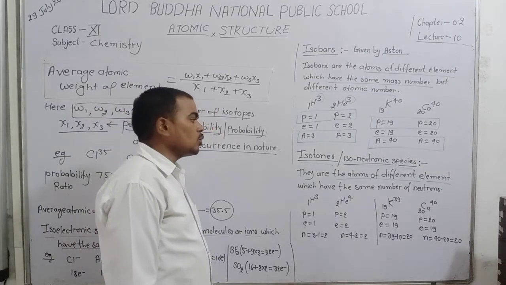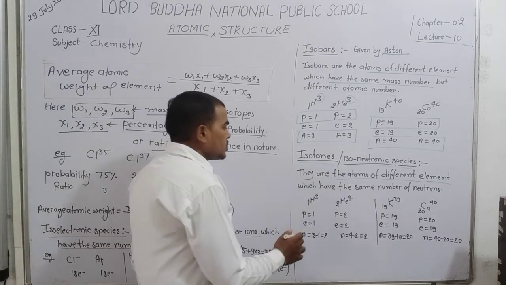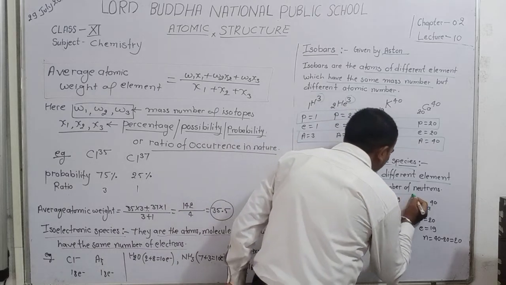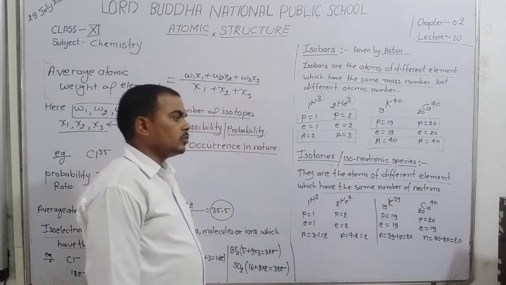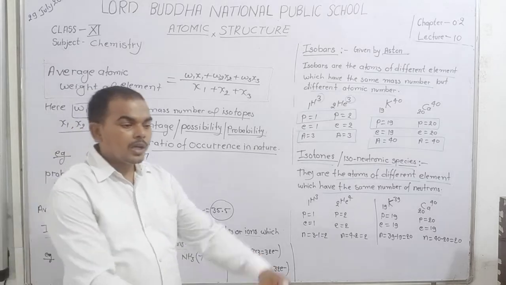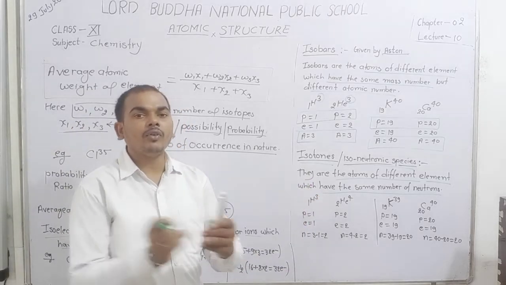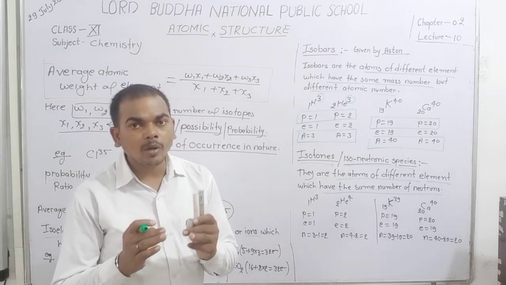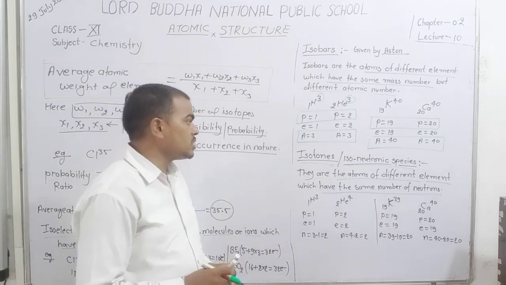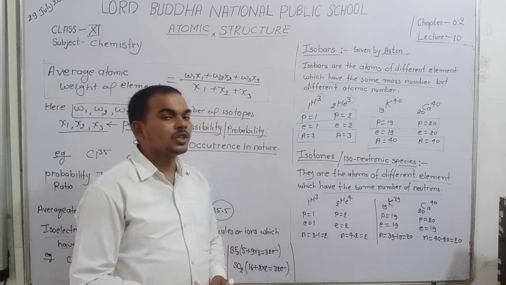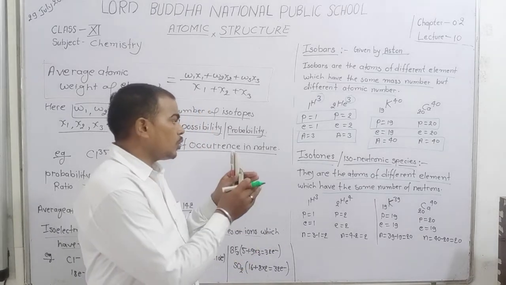They are atoms of different elements which have the same number of neutrons. Different atoms with different atomic numbers and proton numbers but the same number of neutrons are known as isoneutronic species or isotones.